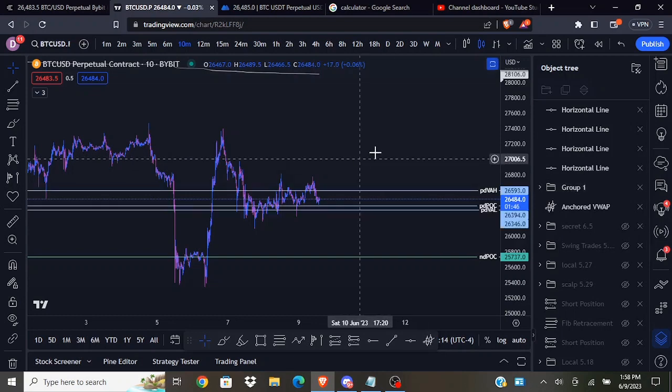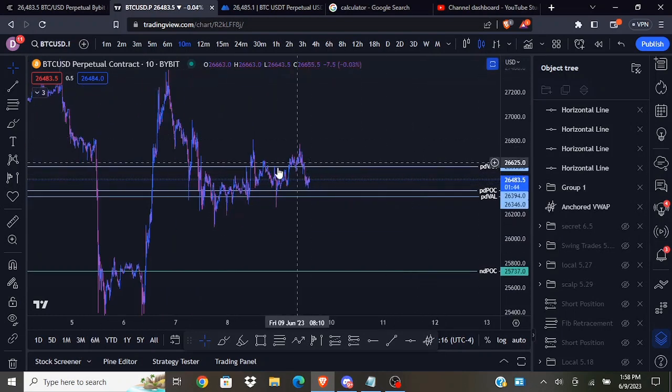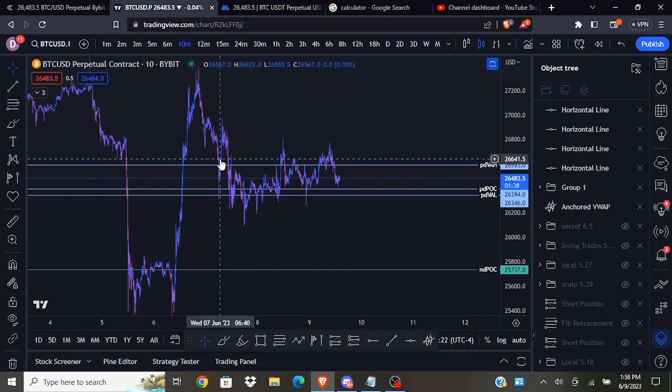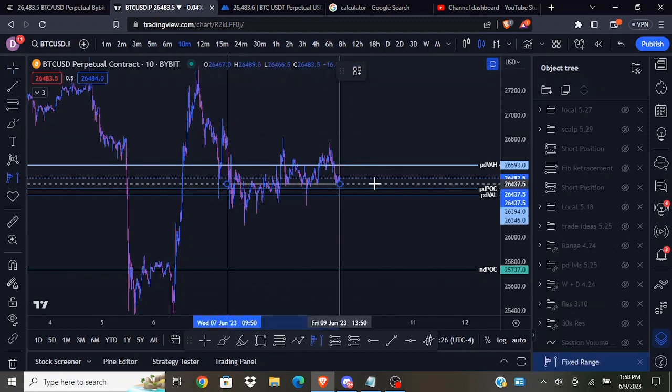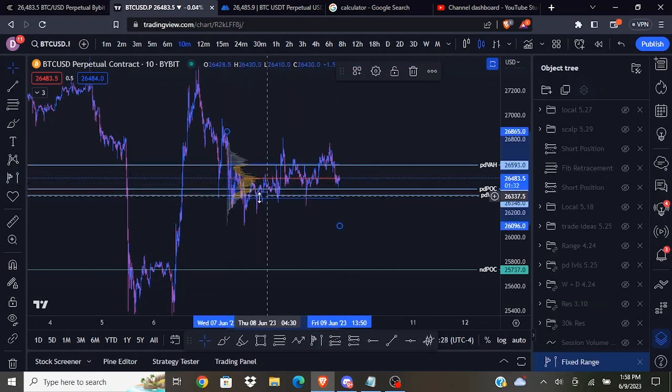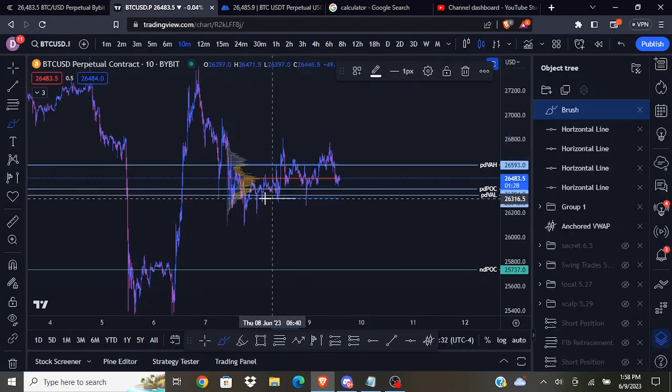So previous day levels, essentially, they are giving you the fair value of the price as of yesterday. And it's very similar to range trading. The way I trade when I'm in a range is I'm looking at the value areas inside the range. I'm looking at essentially what is the fair price of the asset, at least in the context of this range.